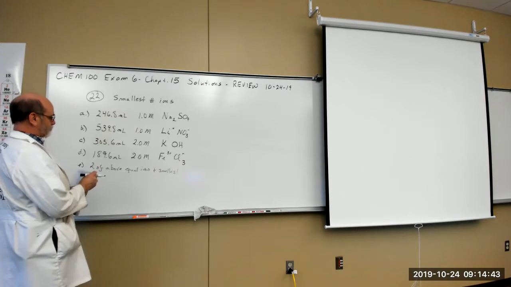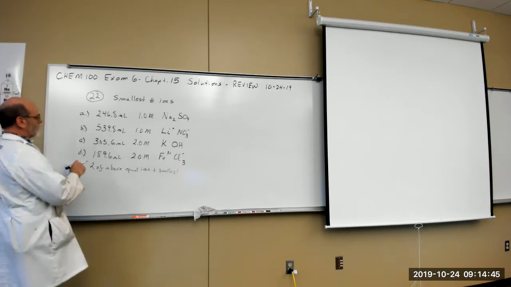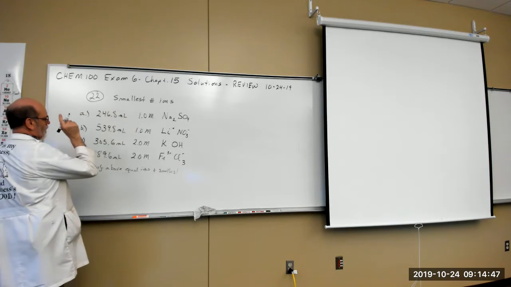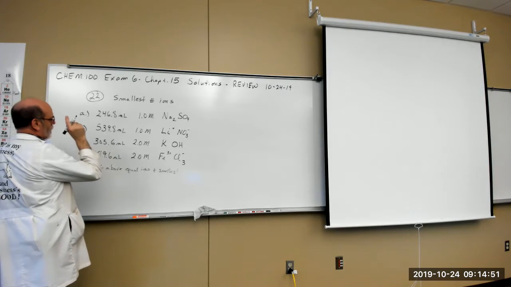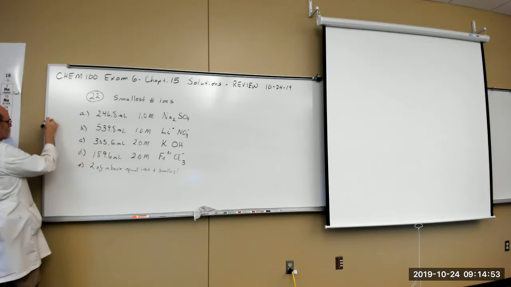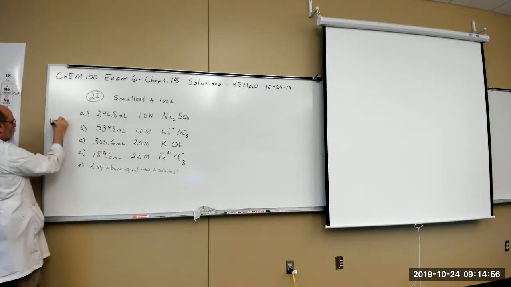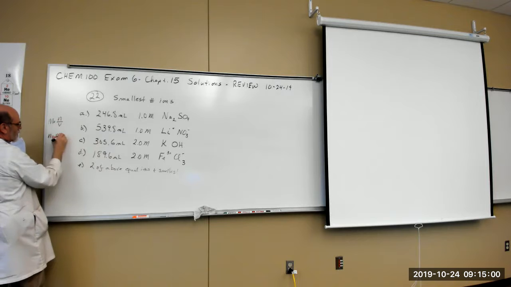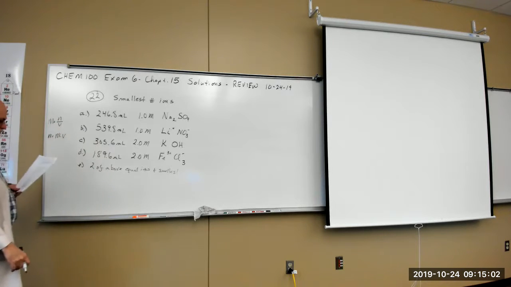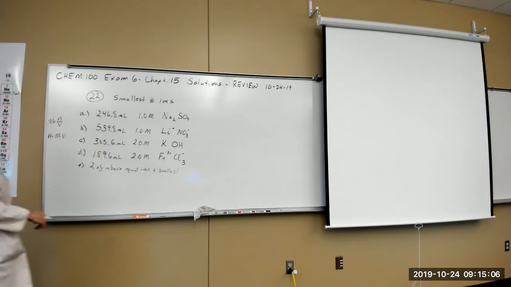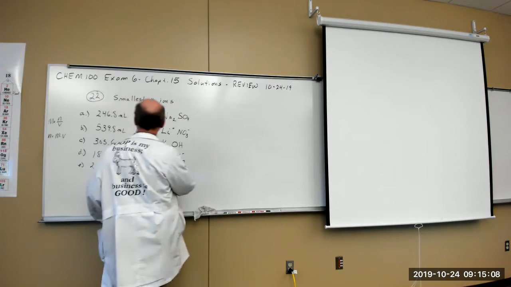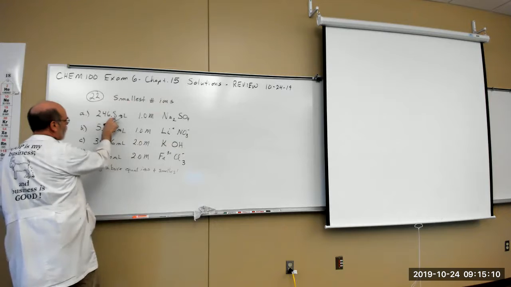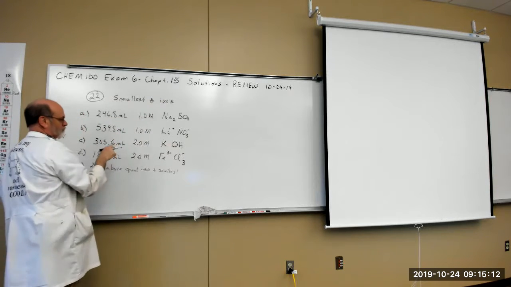All right. So, what's the ratio? Molarity equals moles over volume. So moles equals molarity times volume. Okay, Henry Ford coming down the line. So here's volume, here's molarity.